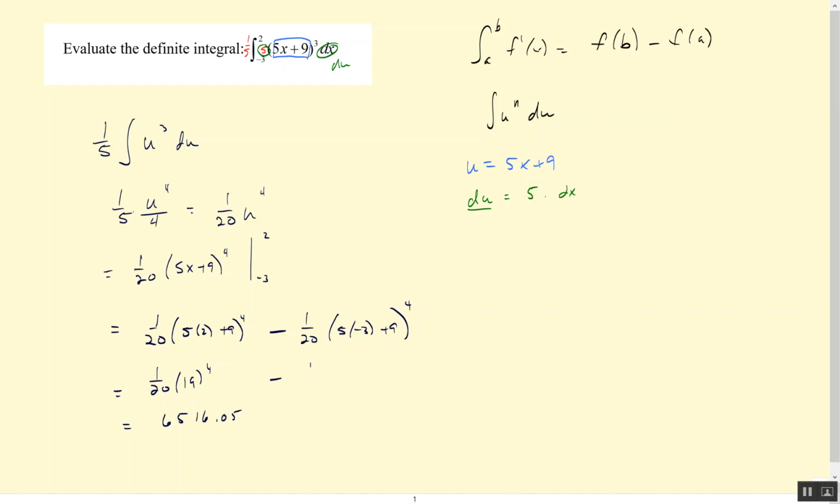For the second one, -15 plus 9, we get -6 to the fourth power, and then divide that by 20, and that'll give us 64.8. Subtracting those two, I end up with 6,451.25. And that'll be our final numerical answer.